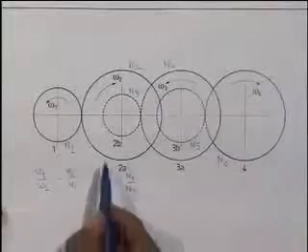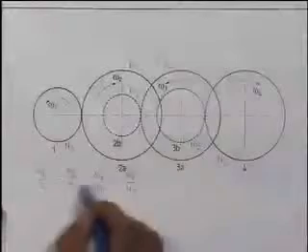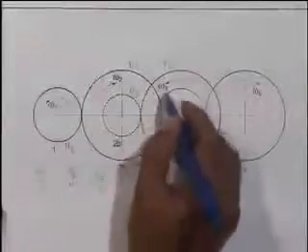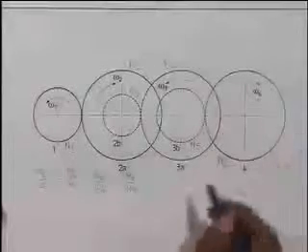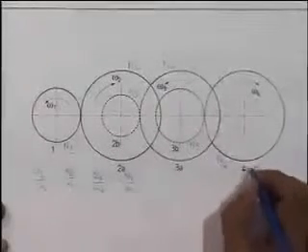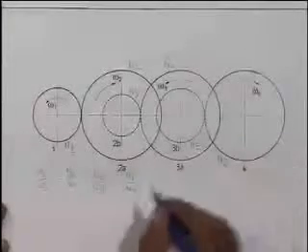Omega 2 is same as omega 3. This omega 3, let us not be confused with this. I will remove this. This is 6. In 6 I will write omega 6. This is the 6th gear.